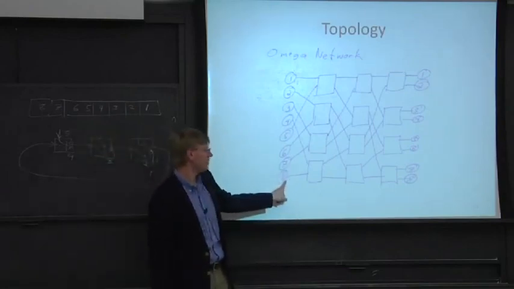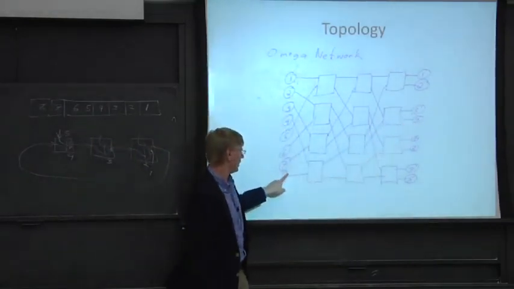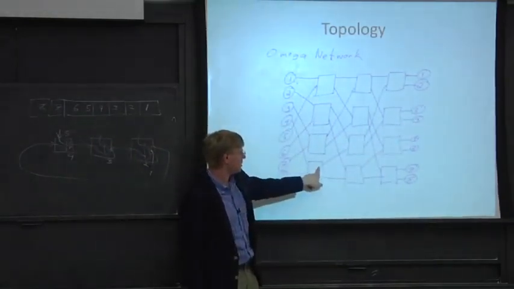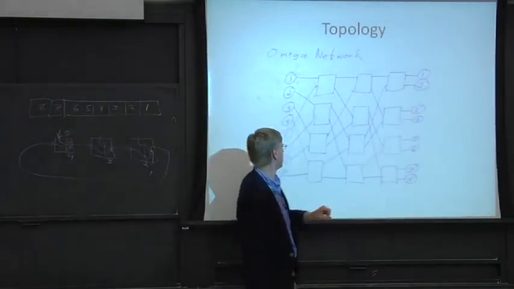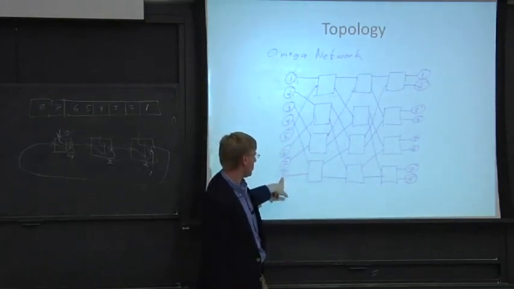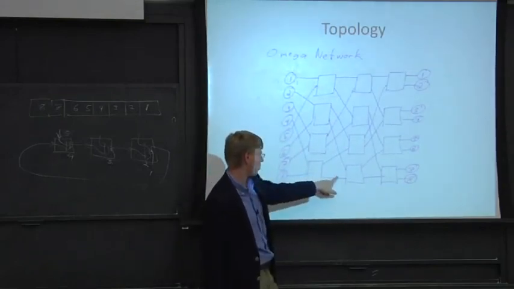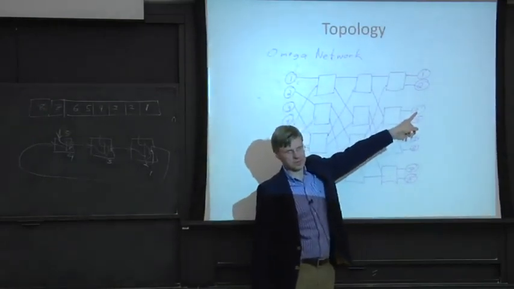So if you want to get from here, let's say 8 to 3, you're going to have to go here, here, there, there. There are no other paths you can take. So let's say you routed straight at this first decision point and went up, you're never going to be able to get to 3.